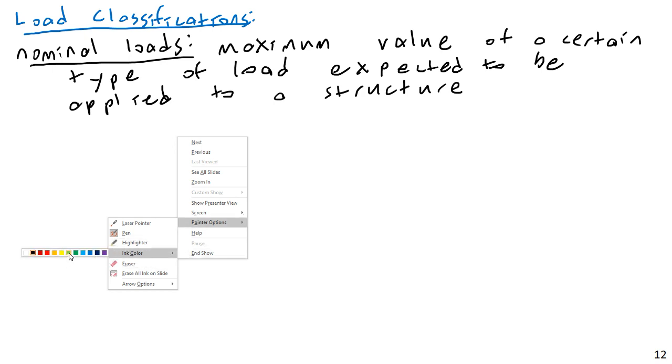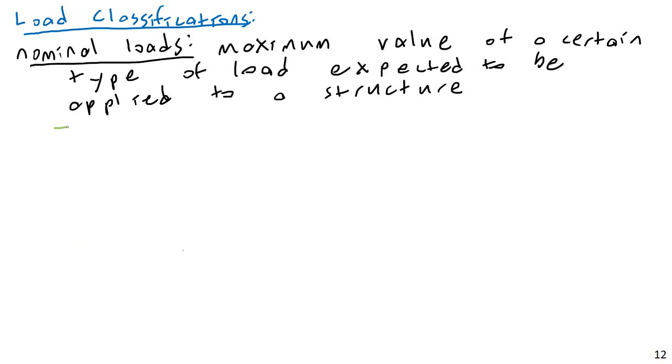Nominal loads are basically your best guess of the actual real-world loads that are applied to something. So these are the best guess of real values. Although, as engineers, we shouldn't use words like guess, we should use words like estimate.